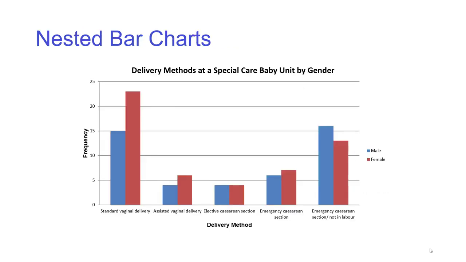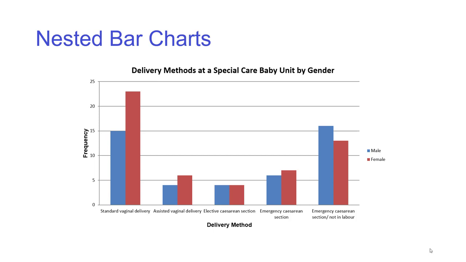Now, if you've got data like the two-way table, so if you have the coastal and hedgerow version of the snails, the way you would normally display data where you've got two variables that are important is what's called a nested bar chart.